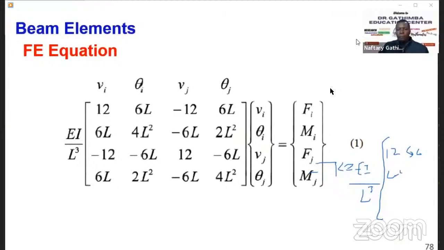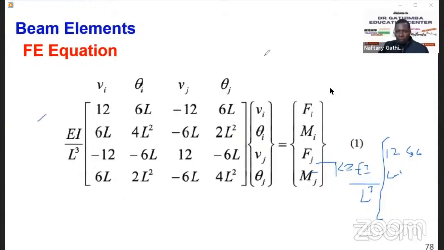Yeah, this was the expression for the beam. And for these, let me show you something. So the slope deflection equation, this was the slope deflection equations written in matrix form.